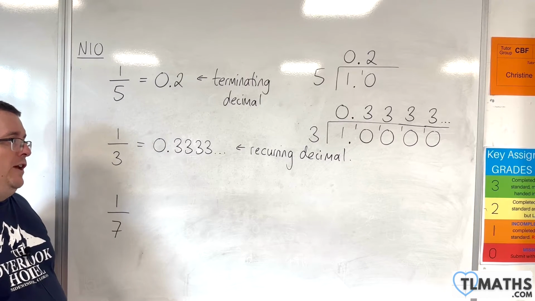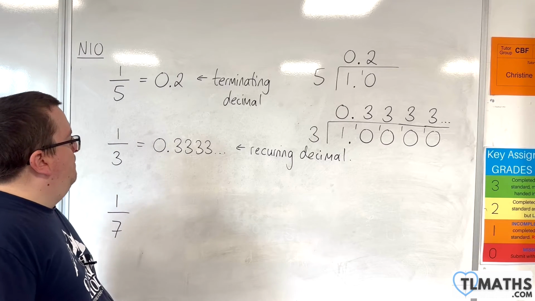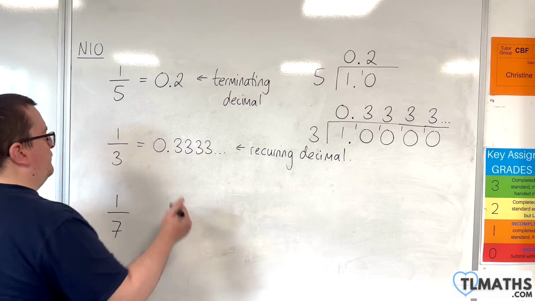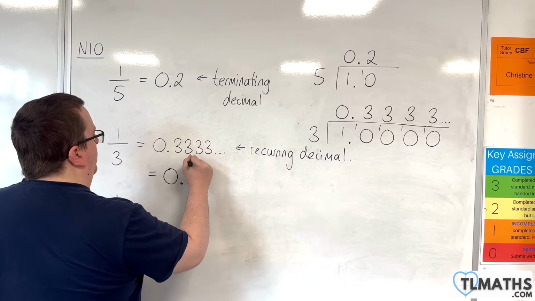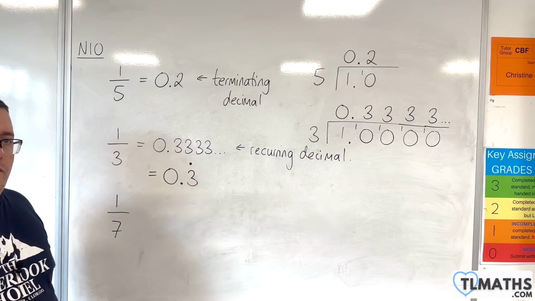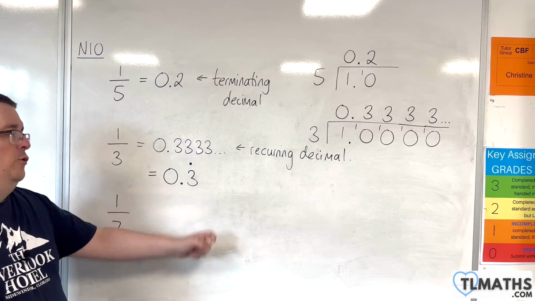So there is some notation that you can utilize to represent this. The one that I use is 0.3, and you put a dot over the value that is recurring. So this represents 0.3 recurring.